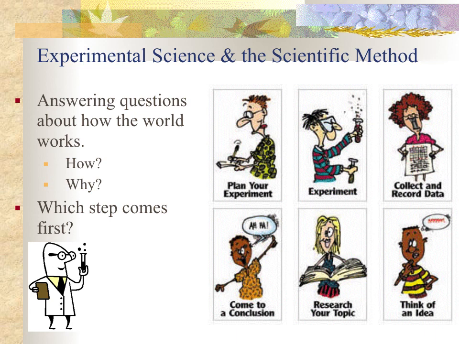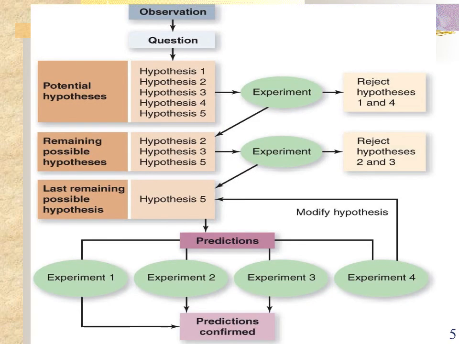And this is often shown, as we learn about this in our first science course, as step one, step two, step three, but it's not really like that. Usually we start with observations, and that leads us to questions, but you don't always get the right answer quickly. It often comes very slowly. And often there's more than one possible answer.